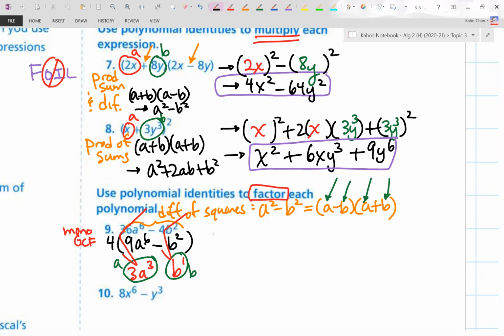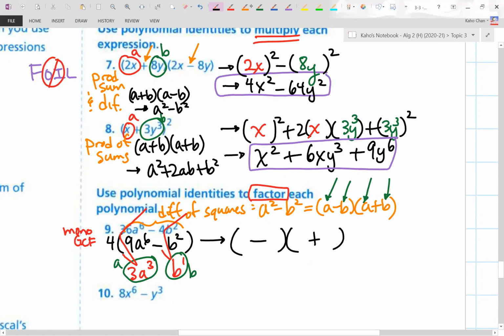So that is a minus b times a plus b. And you put those values in. And you're done. That's the factored form of that problem, okay?